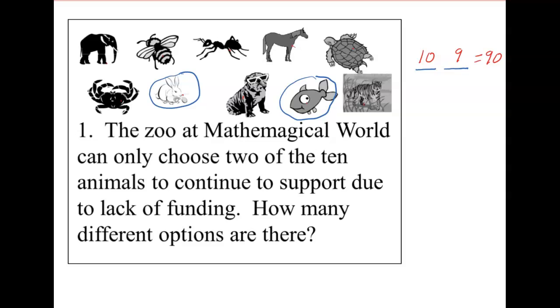Because it doesn't matter, we're going to take this number 90 and divide by 2, because there are 2 different ways you could rearrange rabbit and fish. So the final answer is 45. You could have rabbit fish or fish rabbit, so that's why you have to divide by 2.